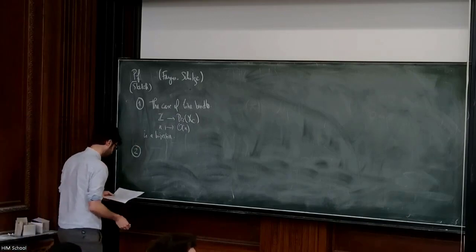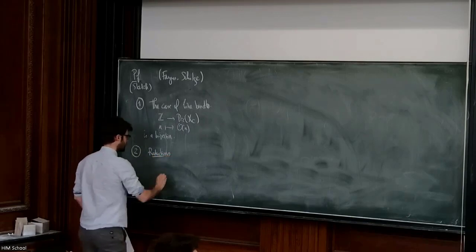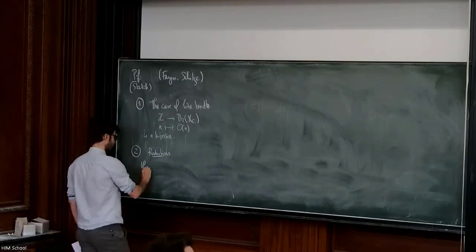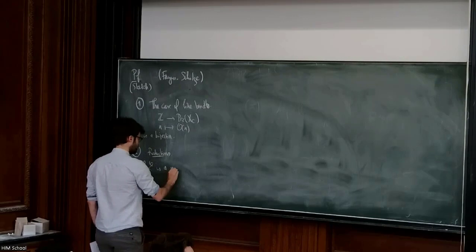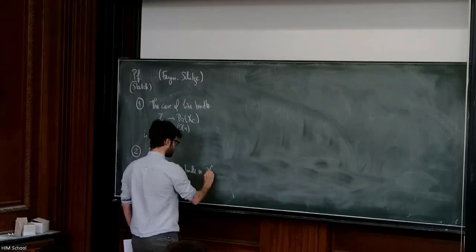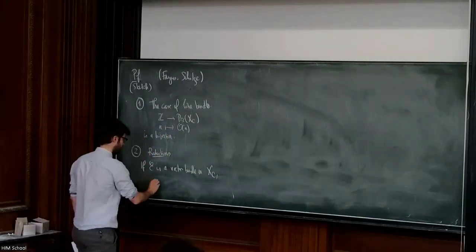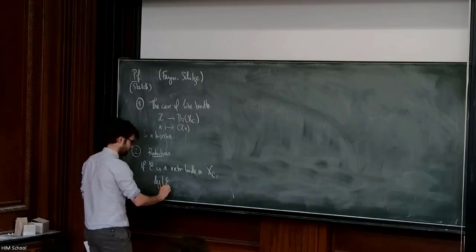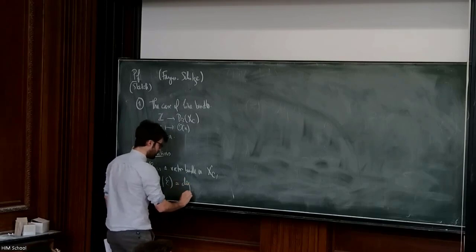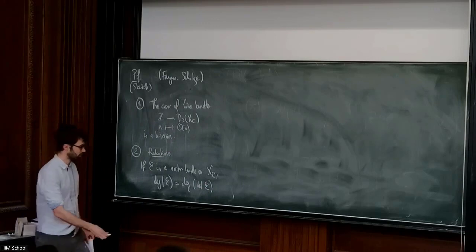Then there is a series of reductions that you have to do. So I'll try to briefly summarize them. So the first observation is that if you have a vector bundle on X_C, because of step 1, we can now make sense of its degree. Namely, we just define the degree of E to be the degree of the determinant of E, so the top exterior power of E, which is a line bundle.